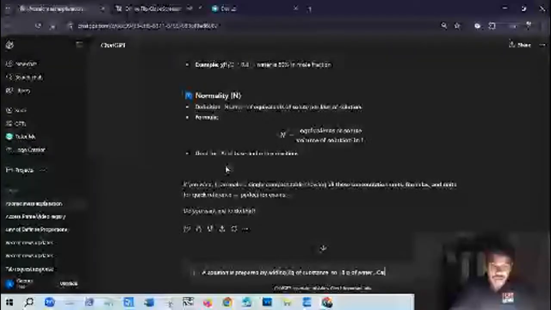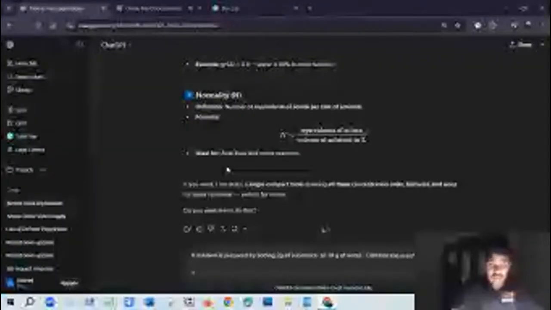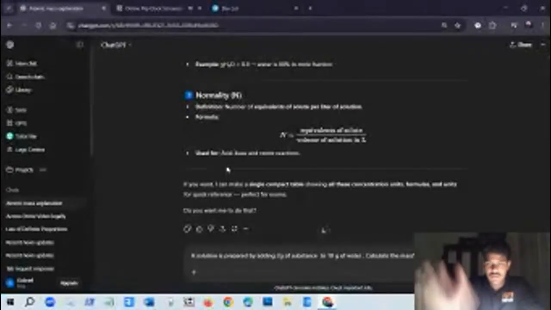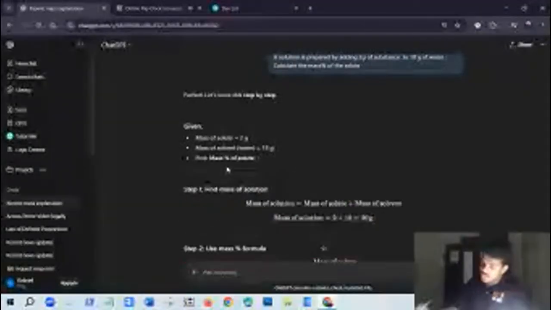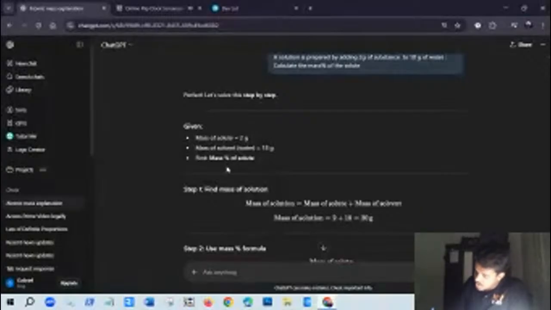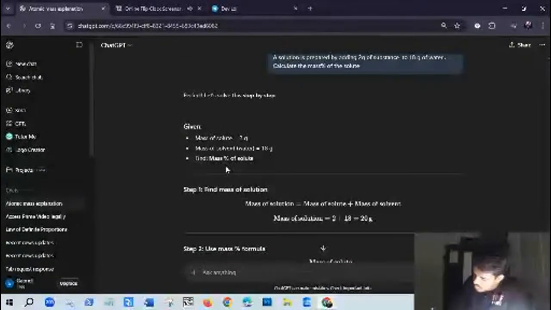Calculate the mass percentage of solute. Mass percentage is mass of solute by mass of solution into 100.